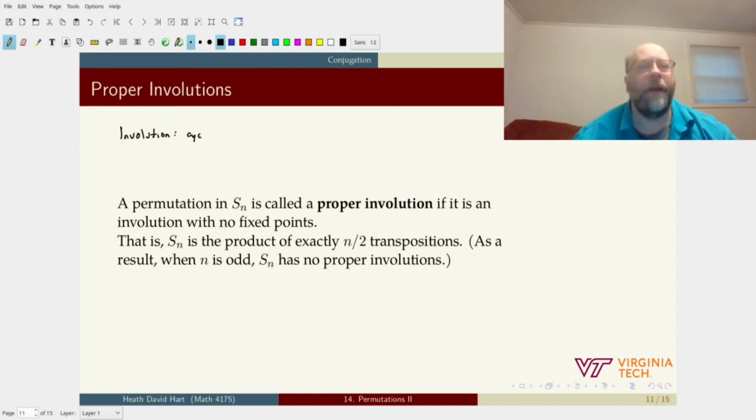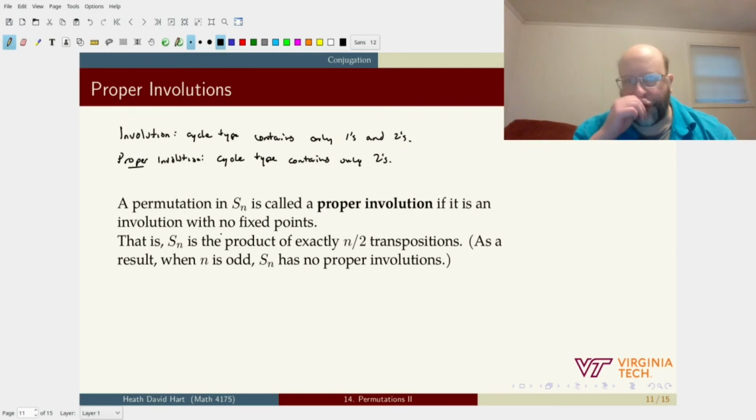Okay? All right, so for an involution, the cycle type contains only 1s and 2s. A proper involution has a cycle type that contains only 2s.